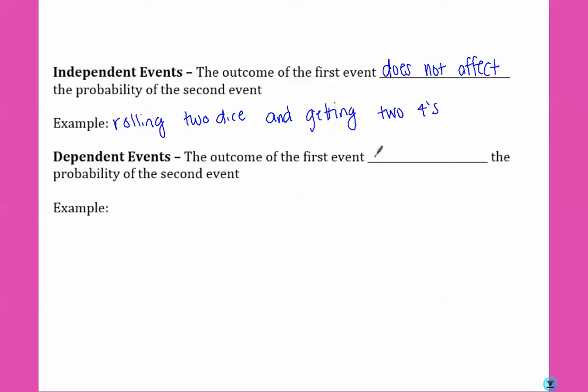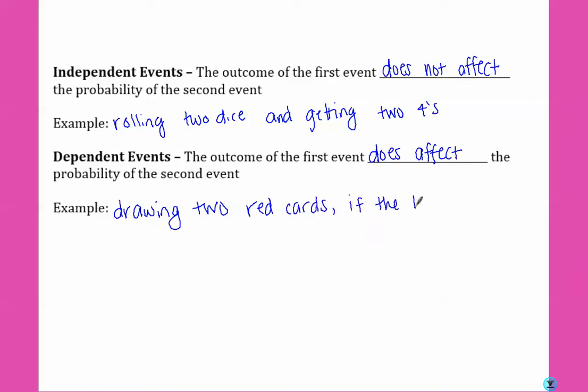Dependent events: the outcome of the first event does affect the probability of the second event. So if we have a deck of cards, drawing 2 red cards, if the first card is not put back.